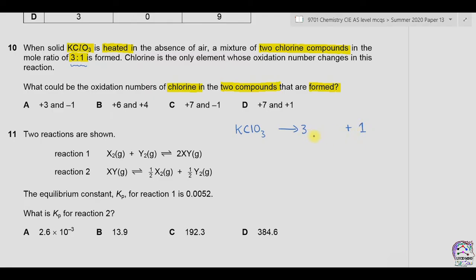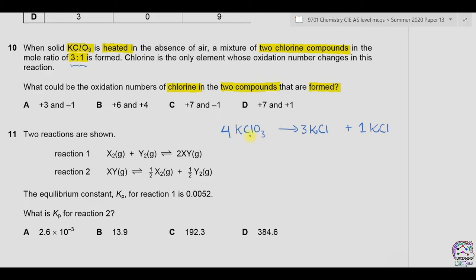So the number of moles of the product is 4. So the number of moles of the reactant must also be 4. Now we can balance the number of potassium atoms by writing K. There are 3 potassium on this side and 1 potassium on this side, so the 4 potassium atoms are balanced. For chlorine, we have 3 on one side and 1 on the other, so we can write Cl and Cl.